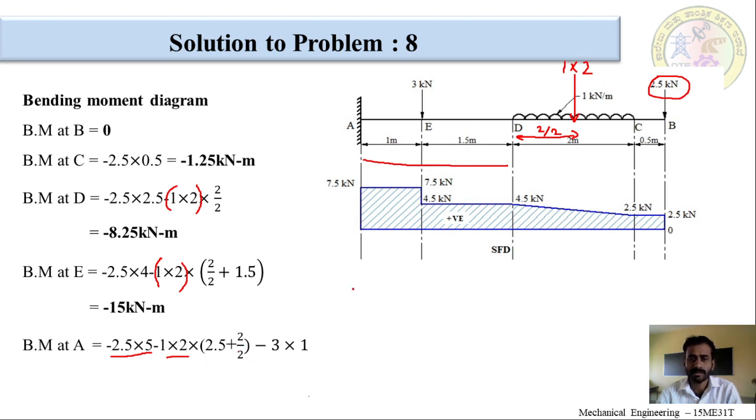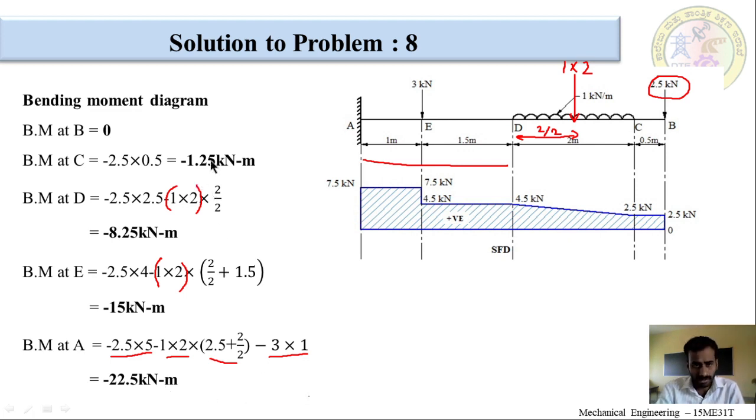This is the distance between this load and the point A. So, the moment will be minus 1 into 2 into 2.5 plus 2 by 2, load into the distance. Again, there is a point load which is 3 kilonewton downwards, it is taken minus 3 into the distance, which is 1 meter. Okay. Now, after solving this, you will get bending moment at A as minus 22.5 kilonewton meter.